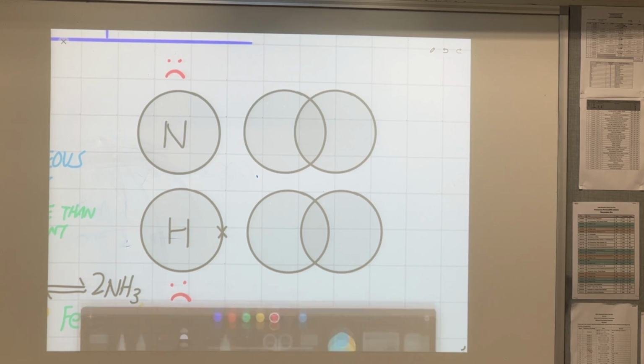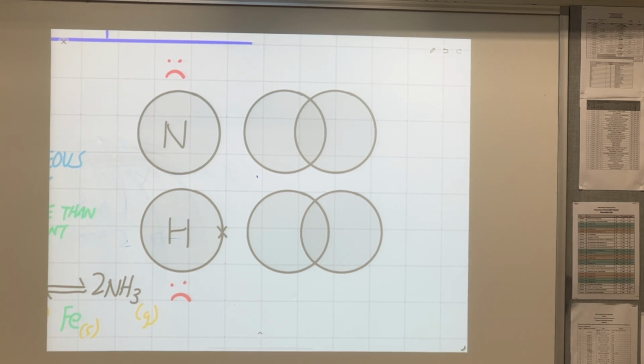Nitrogen, knowing its atomic number to be 7, how many electrons must there be in the outermost shell? 5. So let's draw 1, 2, 3, 4, 5. Does that make nitrogen stable? No, because 5 is not an octet, nor is it a duplet.